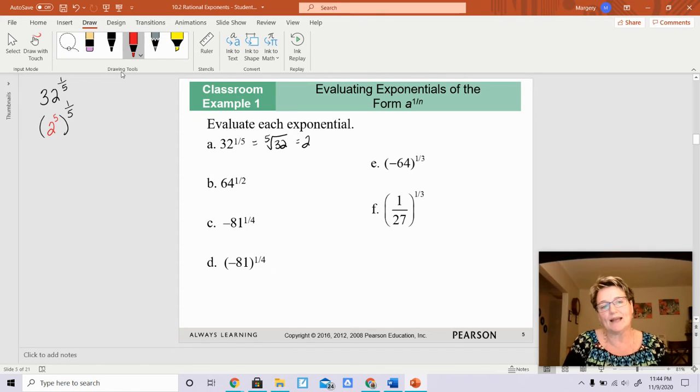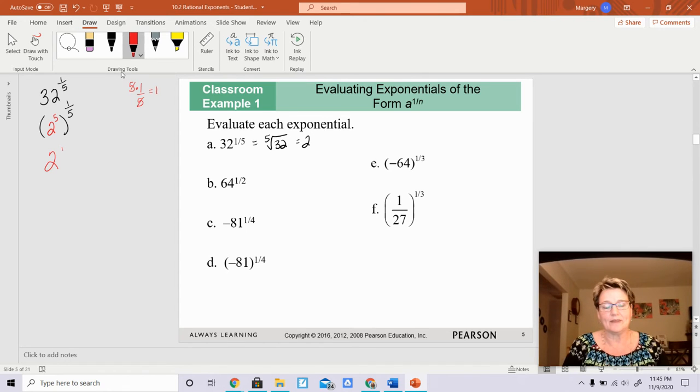So we know that 2 to the 5th power is really 32. Now we can use the rules for powers. When you raise a power to a power, you multiply the exponents. So my base is 2, and then you end up with 5 times 1/5. The 5s cancel out and you're left with 1. So 2 to the first power is 2. So that is just one way to do the problem.